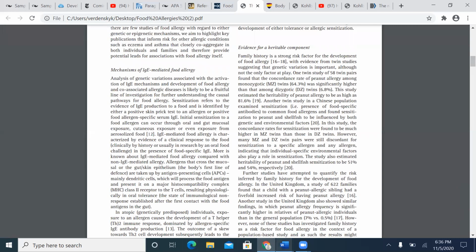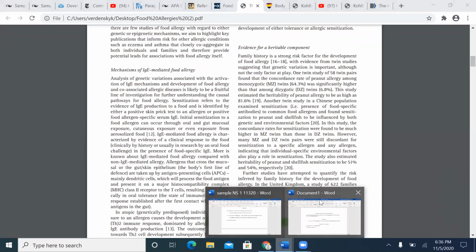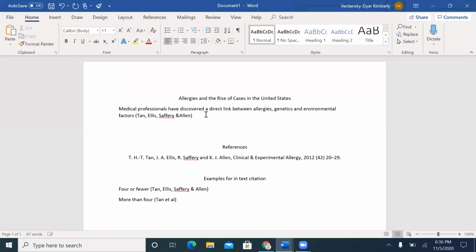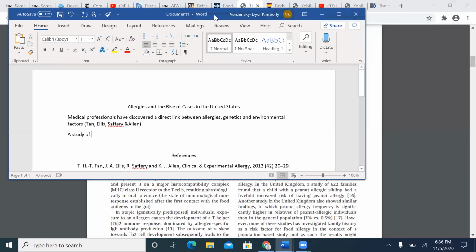Okay, I'm going to go ahead and open my Word document back up, and again make a summary statement. I'm going to downsize my screen so I can look at both because I don't want to misstate.